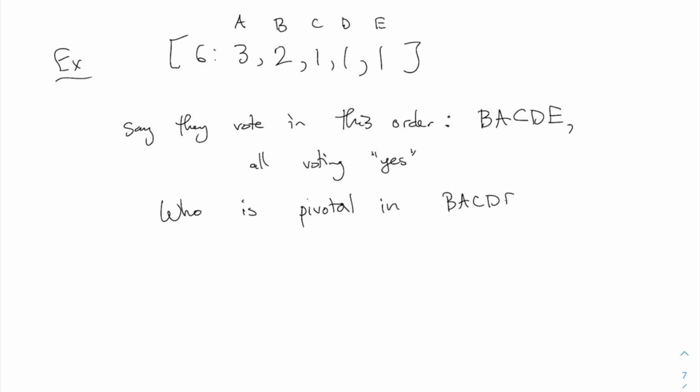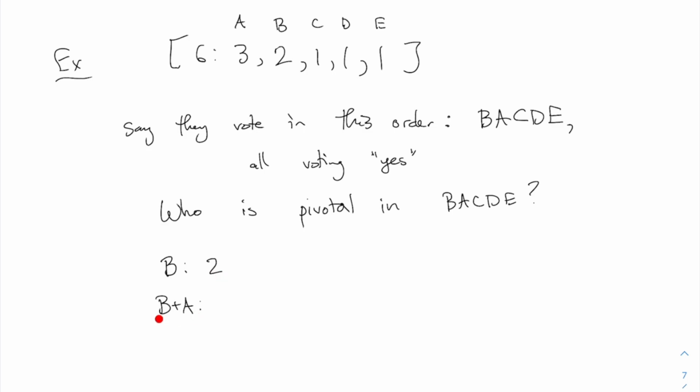You have to look at this. Imagine they're voting in this order. Which one of them is the one who actually makes it to 6? You have to think this through step by step. Once you get used to this, you can do this all in your head, but the way you think of it is B by themselves is 2. So when B votes, they did not make it to the quota.